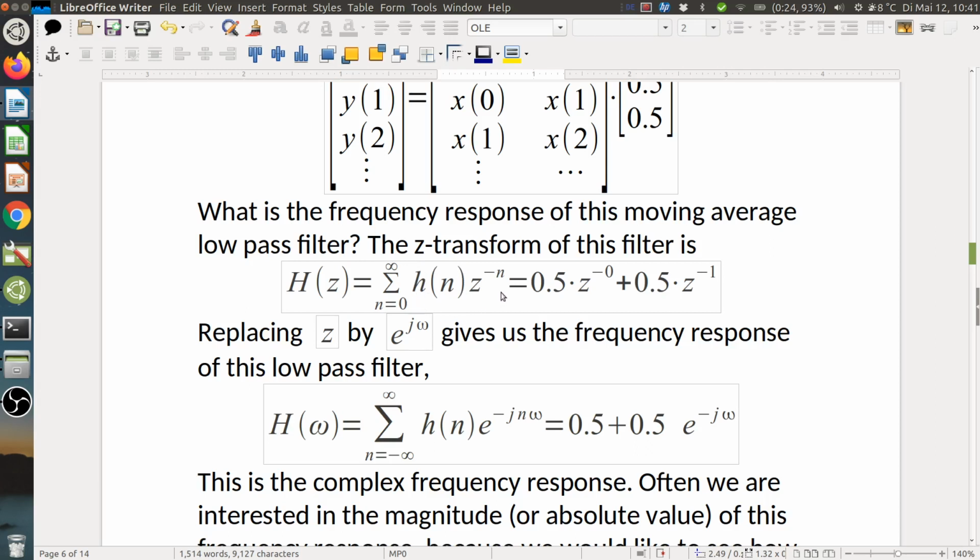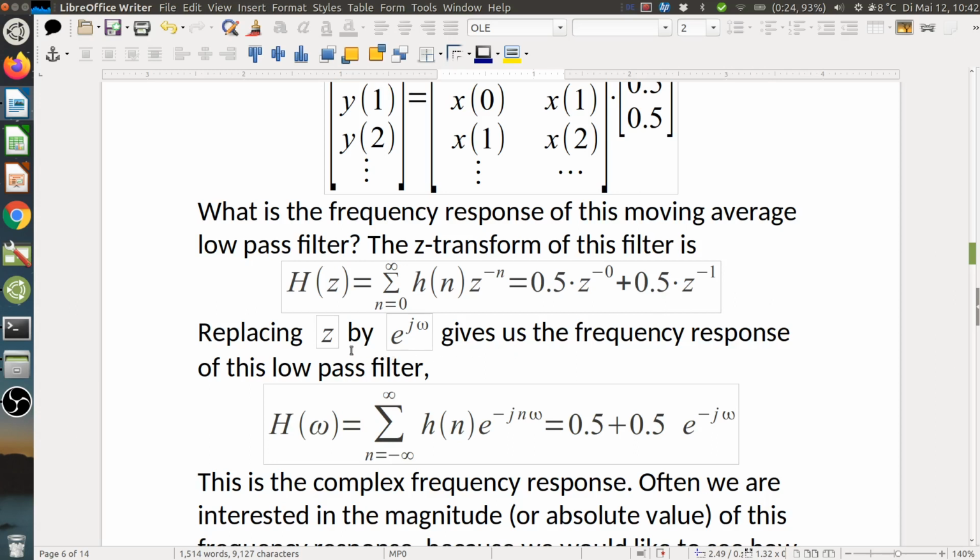So here you can see in general the z-transform goes from 0 to infinity, but since we only have two non-zero coefficients, that means we only keep two summands, right? 0.5 times z to the minus 0 plus 0.5 times z to the minus 1. So really simple in this case, because we have just two coefficients.